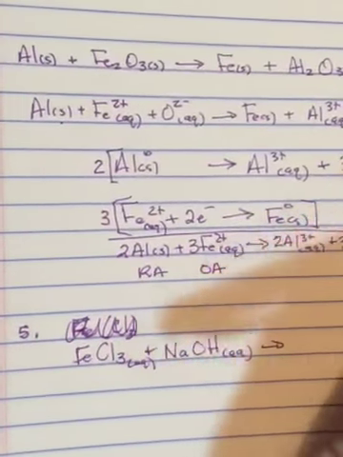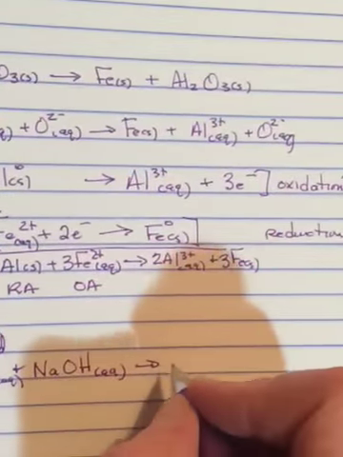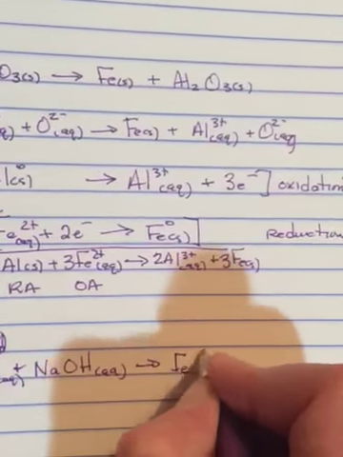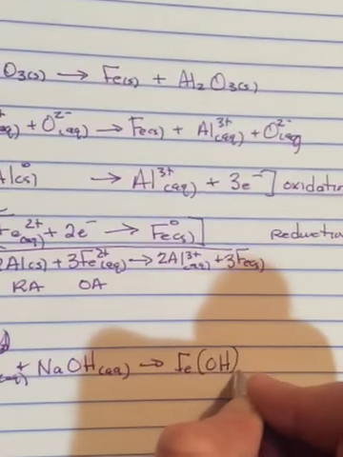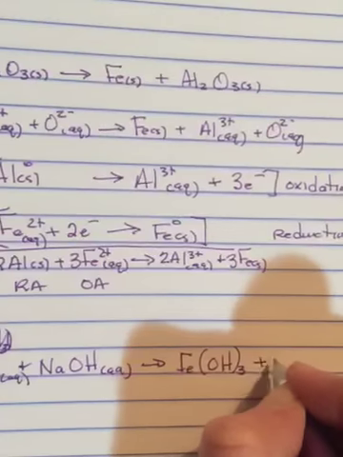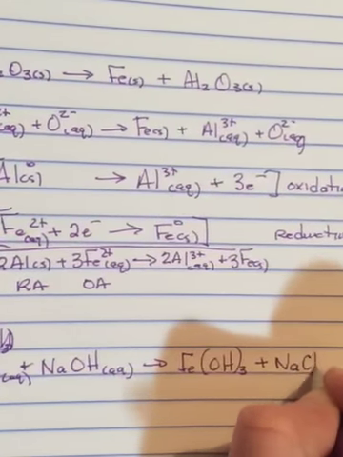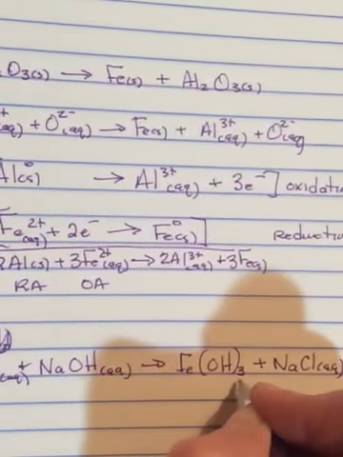And it says it's a double replacement reaction, which means the Fe is going to pick up the OH, and the Na is going to pick up the Cl. Again, both aqueous.